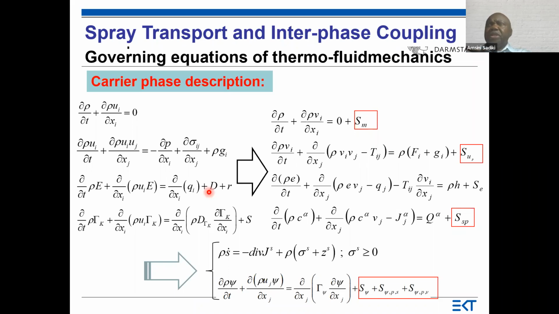We introduced the Lagrangian tracking with the related forces which act on the particle, but we have two phases. Then we also have to see how we can describe the carrier phase from the mechanics and the turbulence.